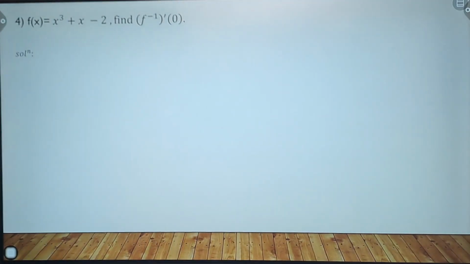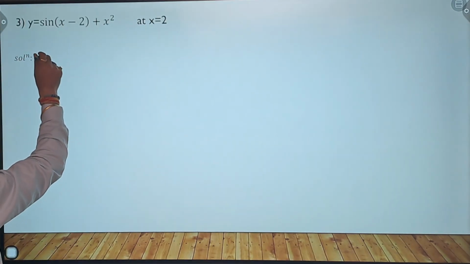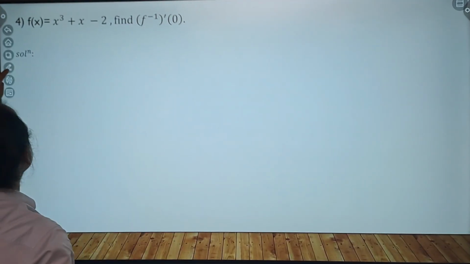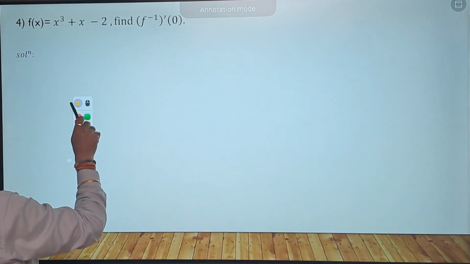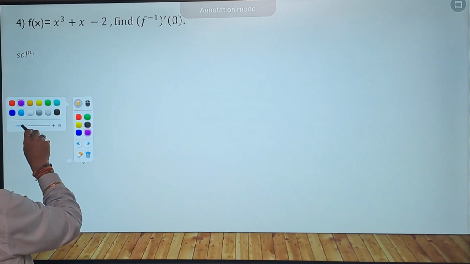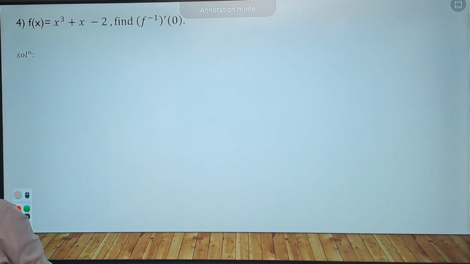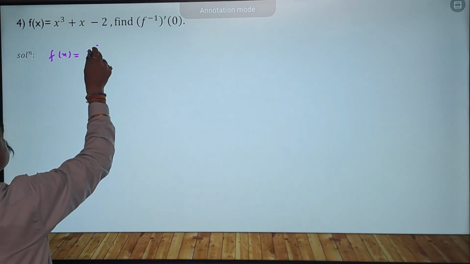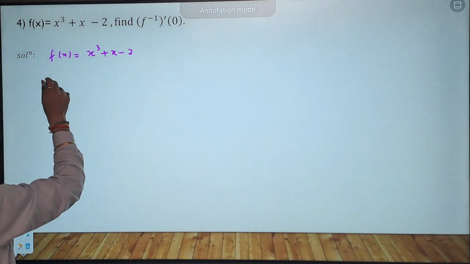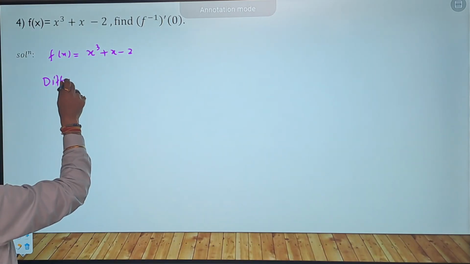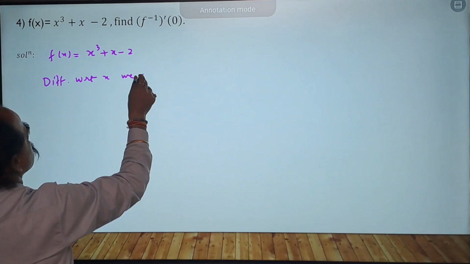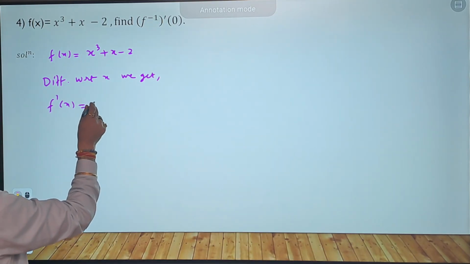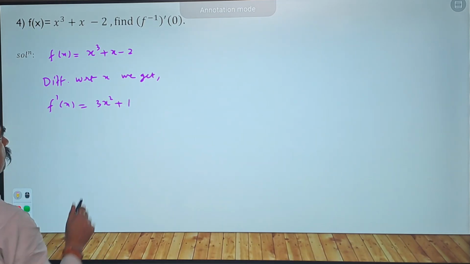f x is x cube plus x minus 2. Differentiating with respect to x, we get f dash x is what? 3x square plus 1.